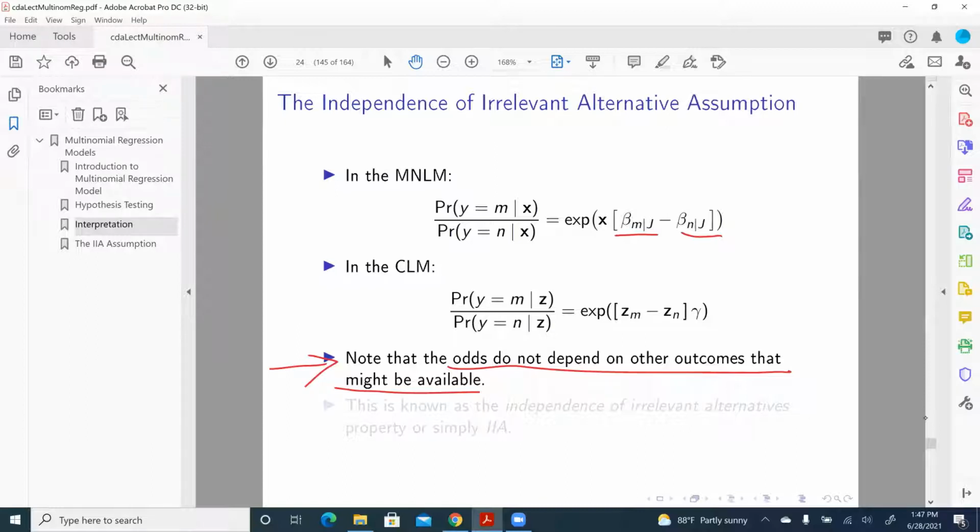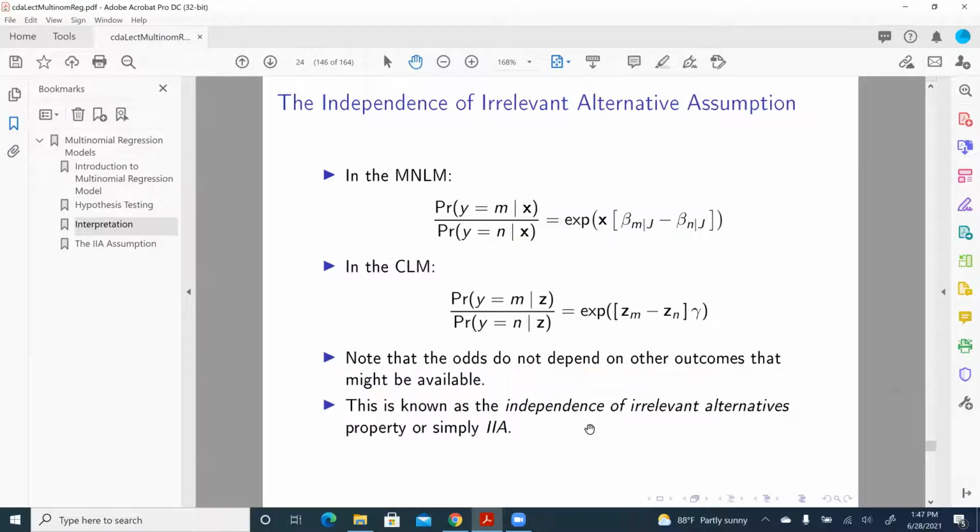It only involves beta M over J and beta N over J. This is known as the independence of irrelevant alternatives property, or simply the IIA assumption, and this is a pretty convoluted assumption.